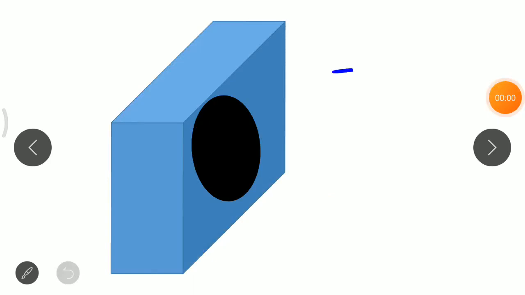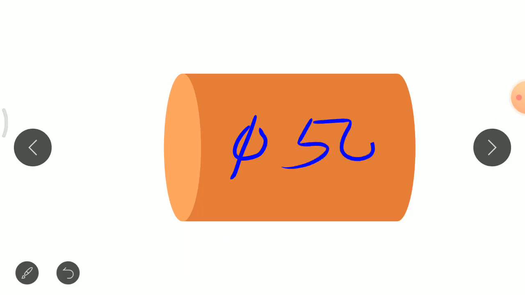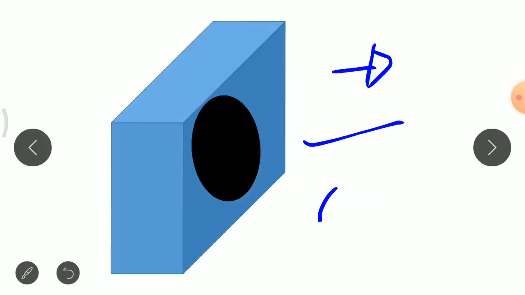Coming to the first point, why it is important and what is meant by tolerance. You know that while manufacturing a hole or different types of shafts, we have the design, and on the design we have its dimensions also. Consider this shaft has an external diameter of 50 mm and this hole has an internal diameter also of 50 mm.